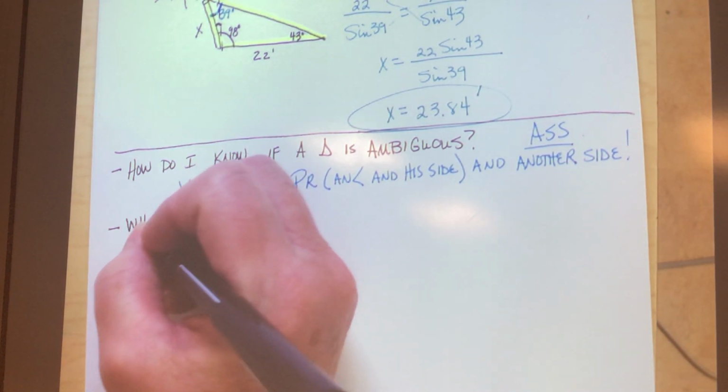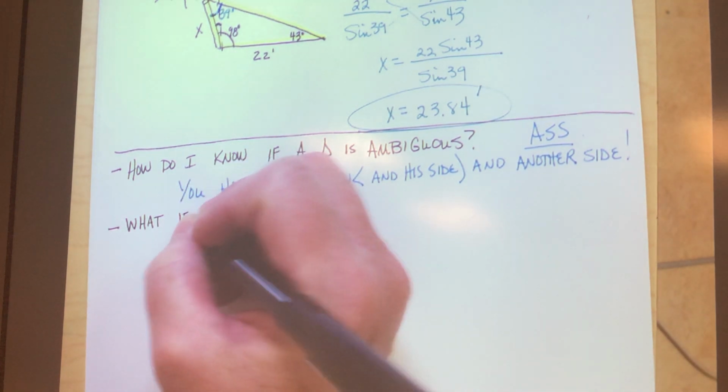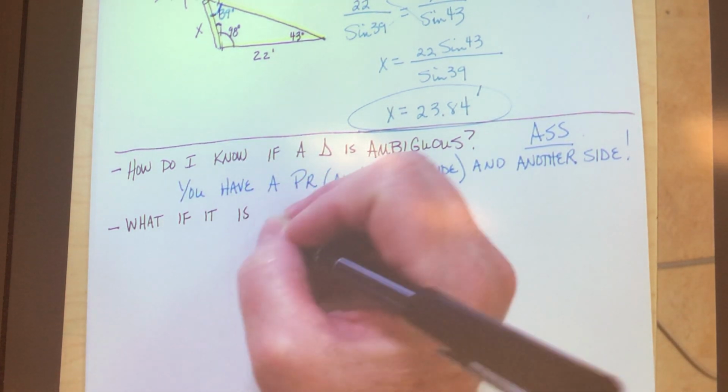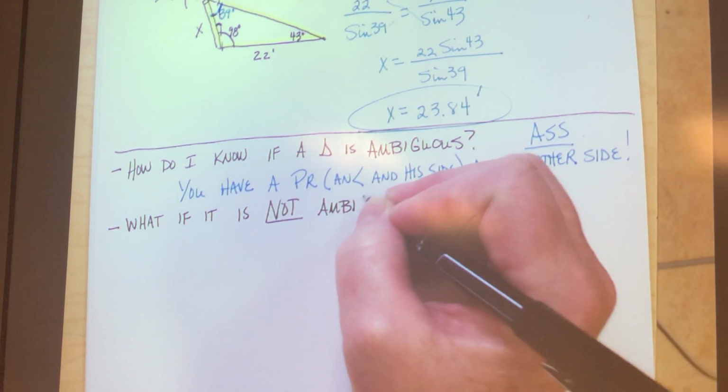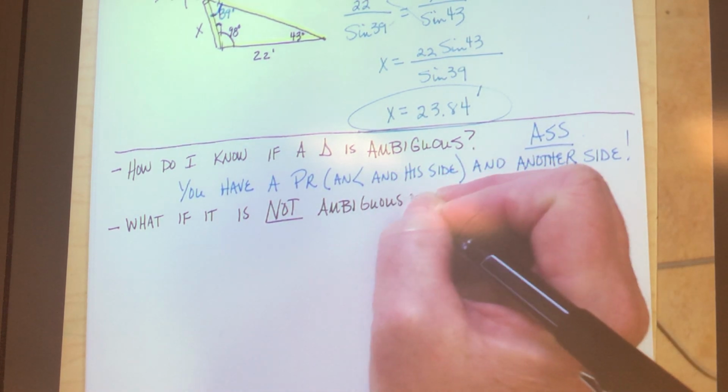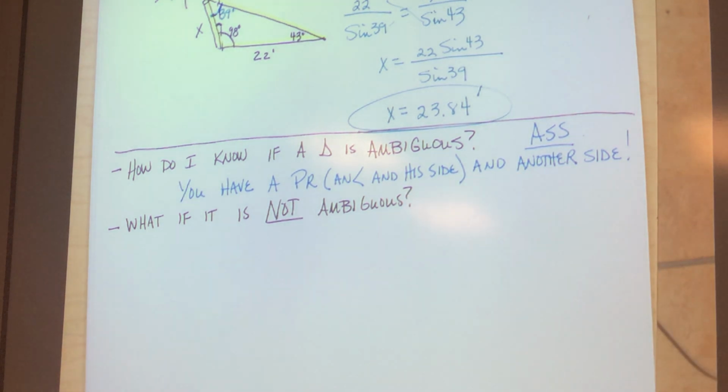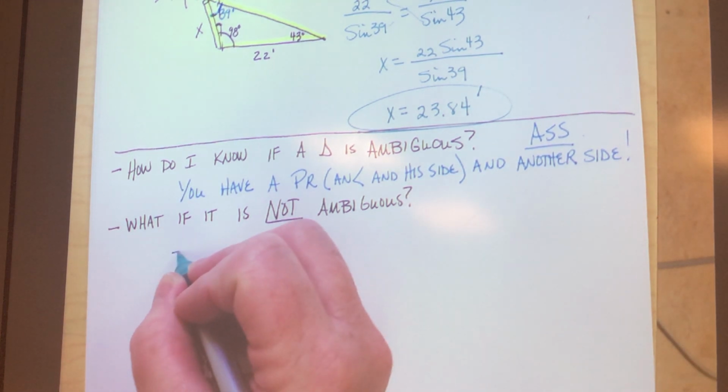What if it is not ambiguous? If it's not ambiguous, how many triangles does it make?